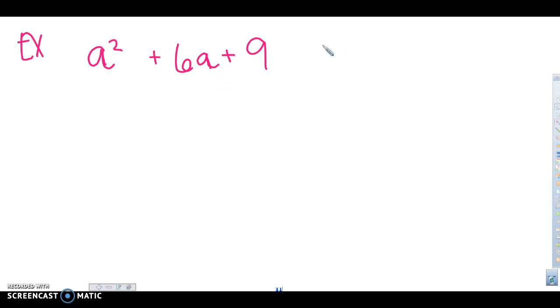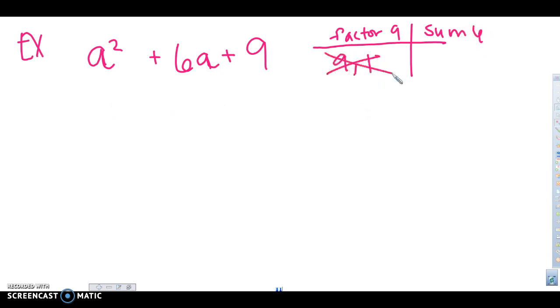Well, I can do that, but I'm looking for a repeated factor of 9 that sums to 6. I can go ahead and make that chart, that's fine. Remember, I'm not going to start with like 9 and 1 because I want a repeated factor. Why repeated? Because I'm looking at something that's a perfect square.